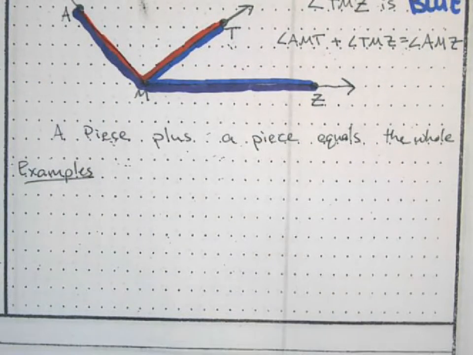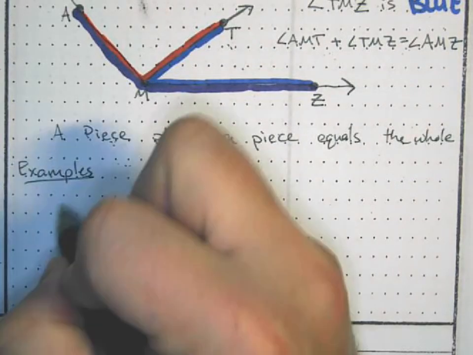So my first example is going to be, say we have this angle.